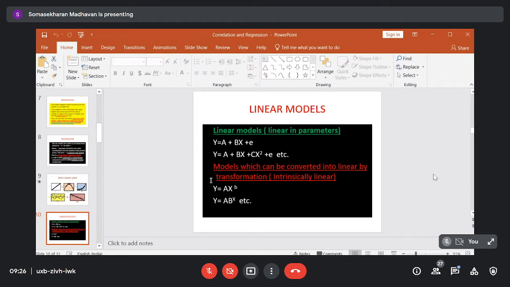And can anybody give an example of a model which is not linear? So all these models are linear models. So can anybody give an example of a non-linear model? A model which is not linear. Anybody?